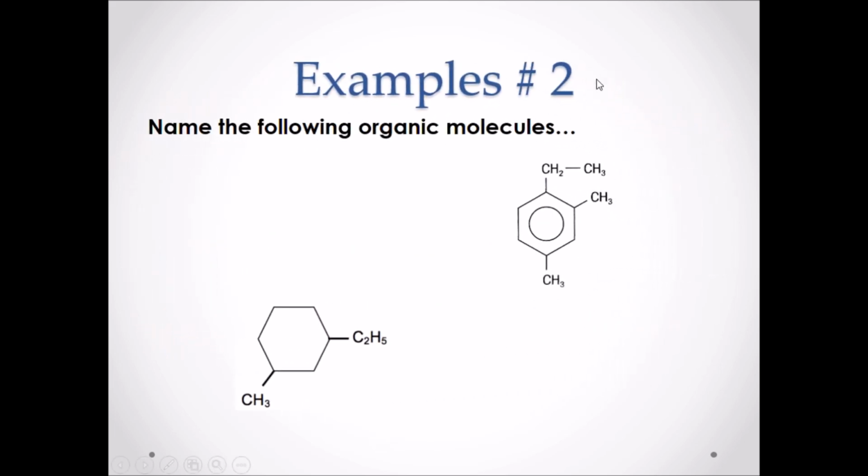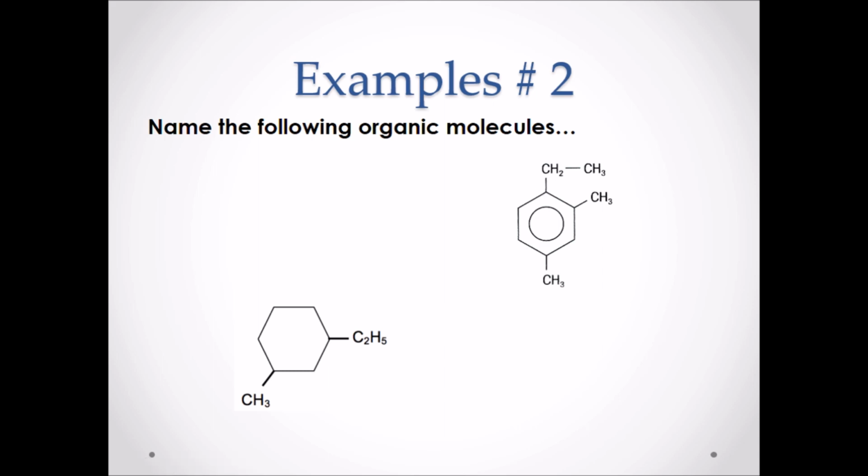Example number 2. Name the following organic molecules. Pause the video and attempt this example. In the first molecule, we can see that the benzene ring is the parent. Therefore, we just have to name the branches that are off the benzene structure. We have an ethyl branch located here and 2 methyl branches. What's important is that all branches need the lowest value.